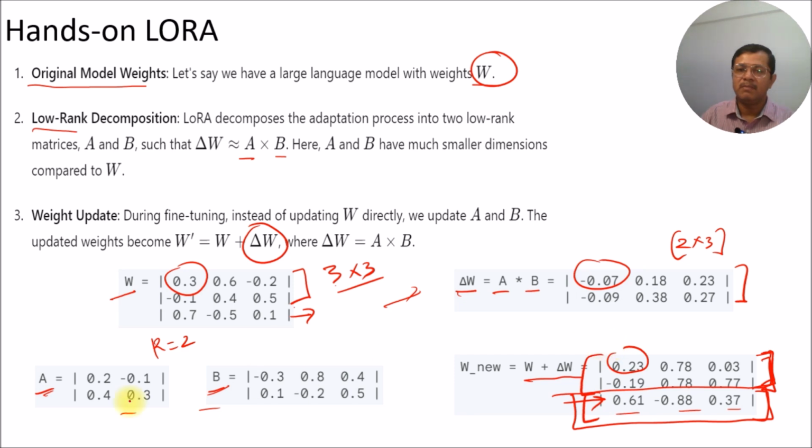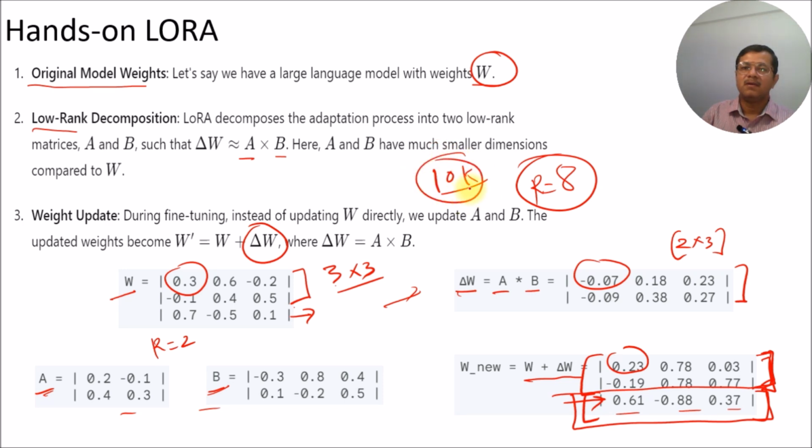Now suppose you have billions and billions of parameters, and even just consider that you have just 10,000 rows and 10,000 columns in a matrix, and you are using the rank equal to 8. Then you can imagine how small an amount of calculation you will do with respect to two scenarios.